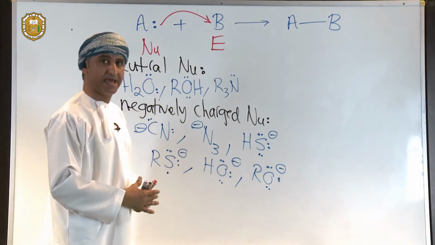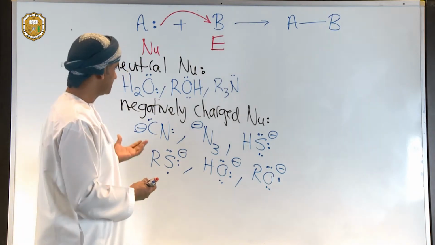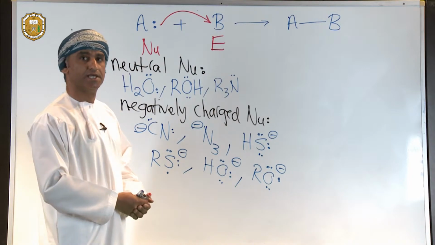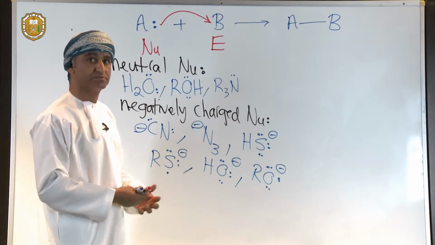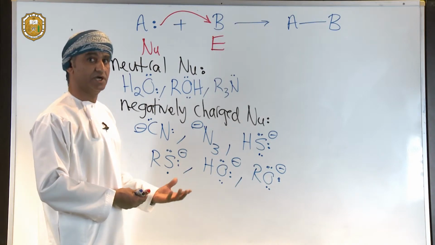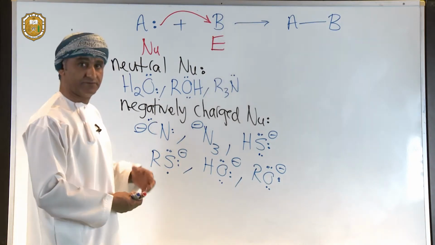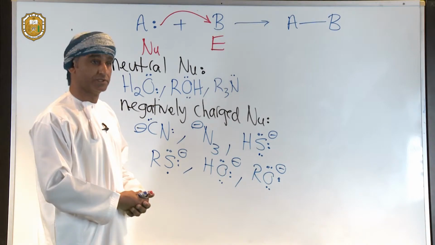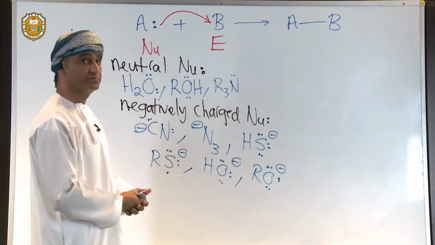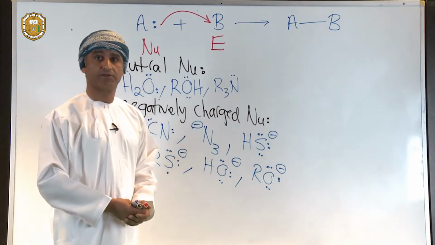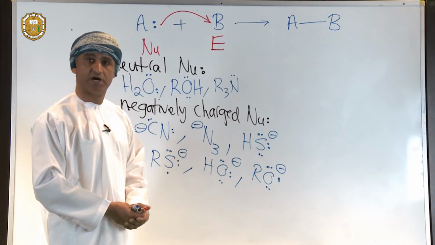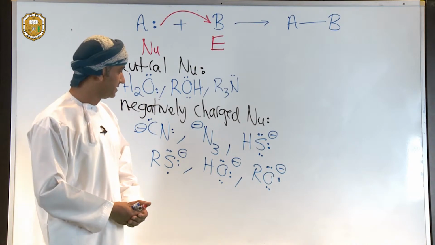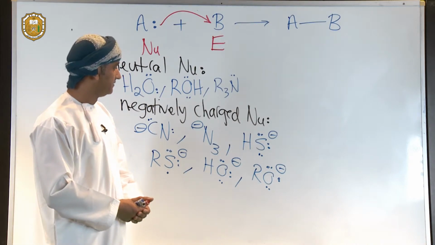There are probably many other examples of negatively charged species or intermediates that have electron density; they are electron donors. So nucleophiles do not have to be neutral, as in water, alcohols, or amines. They can also be negatively charged, using the examples that you see in front of you.